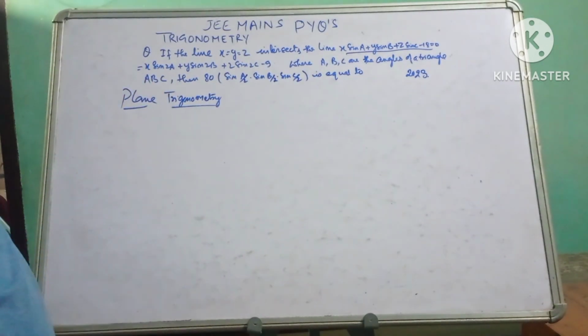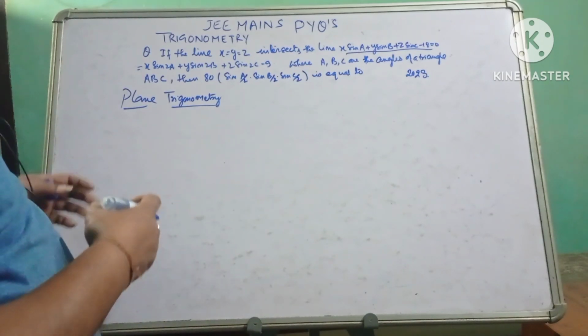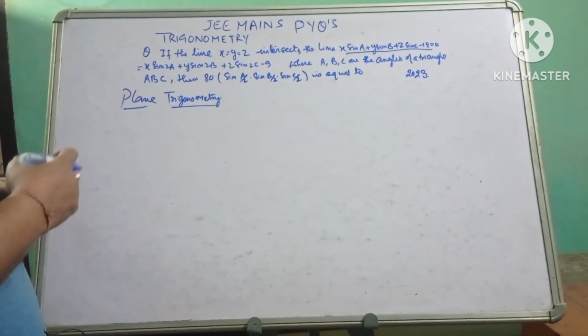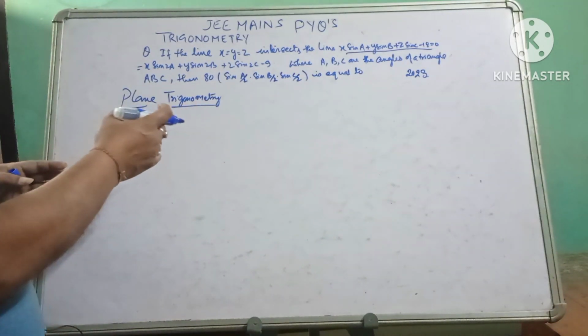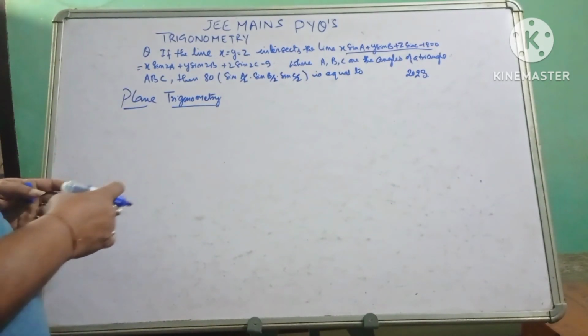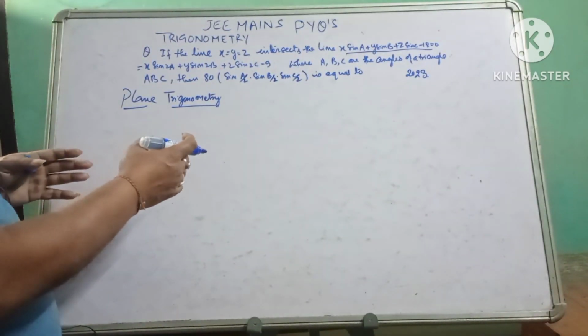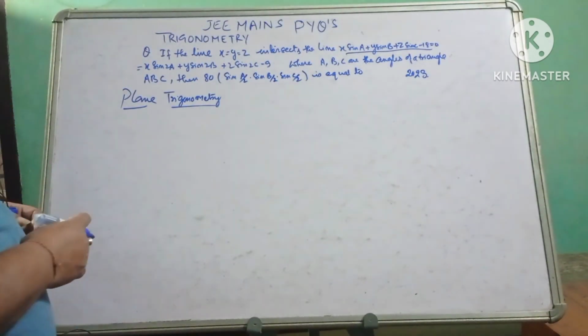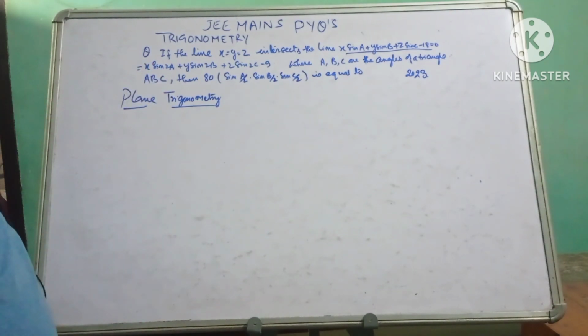This is one type of question, where, say, matrices with trigonometry, or your straight line with trigonometry. Such types of questions are set. So this is one type of question.